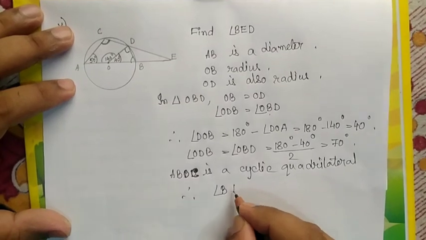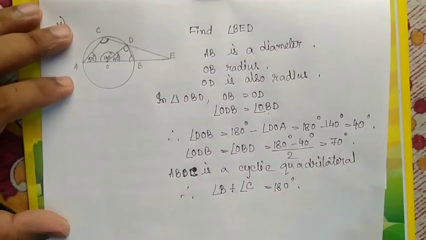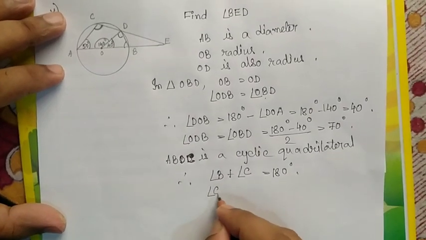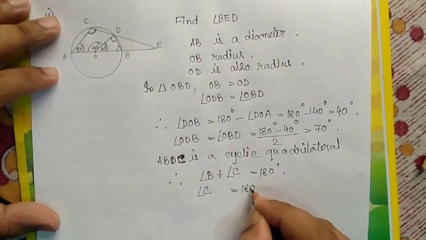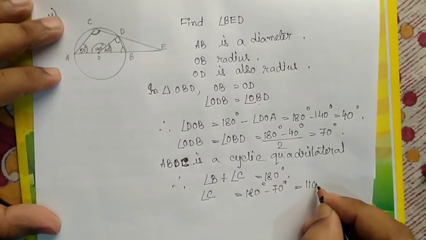So angle B plus angle C equal to 180 degree. So therefore angle C equal to 180 degree minus 70 degree equal to 110 degree.